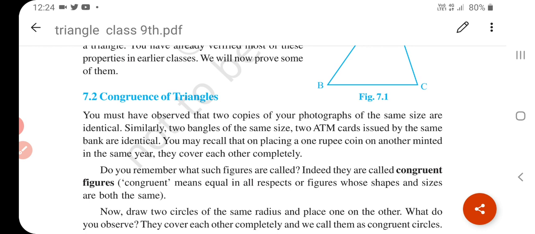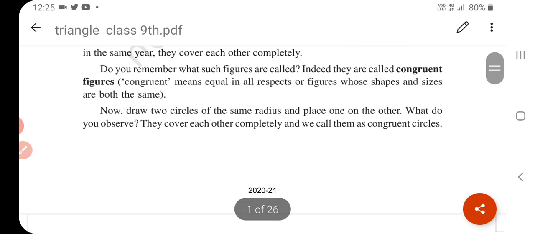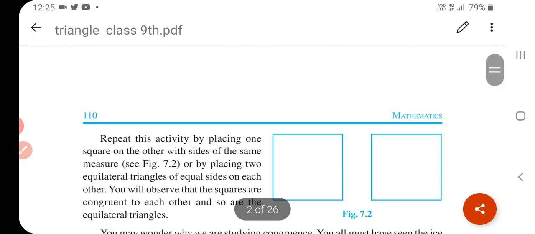Two triangles are congruent if the sides and angles of one triangle are equal to the corresponding sides and angles of the other triangle. And students, we know there are a total of 6 elements in a triangle. Which elements? 3 sides and 3 angles are the elements of the triangle.